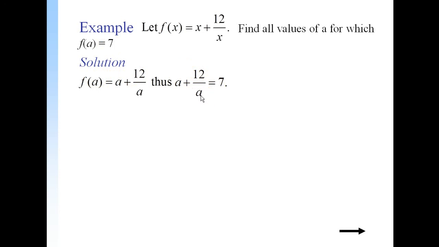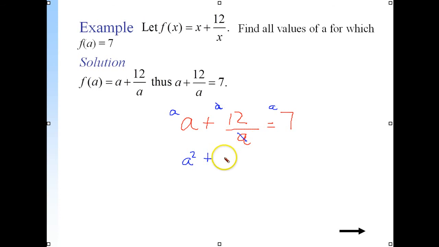So now, how do we do it? So we're going to multiply to get rid of our fraction here, every term by a. So this then becomes a squared plus, here the a's cancel out, 12, and this becomes 7a.